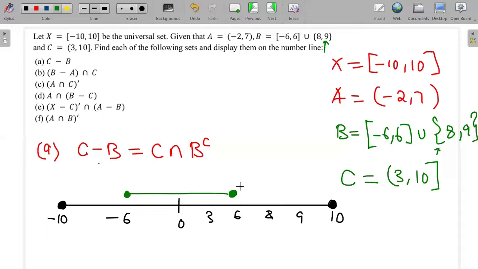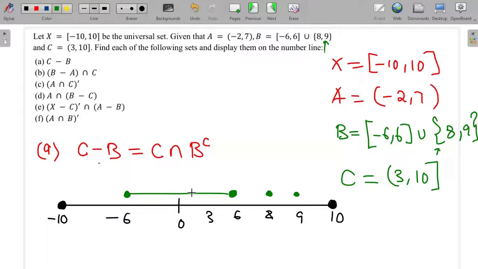So for union 8 and 9, I'm just going to put a shaded dot on 8 alone and on 9 alone, meaning that whatever is in between 8 and 9, or between 6 and 8, is not actually a part of B. So these things that I've drawn here, the interval notation from minus 6 to 6, and then this part 8 and 9, that will be my set B.